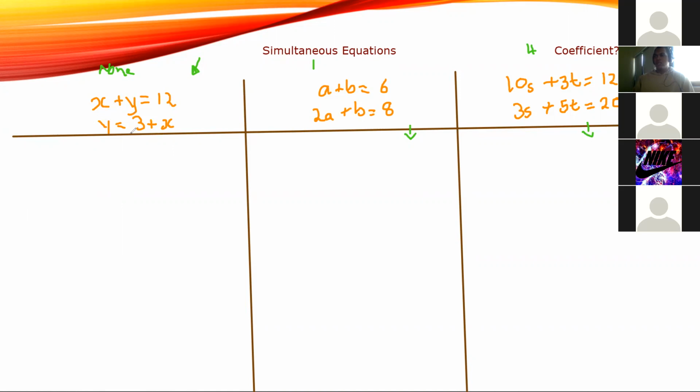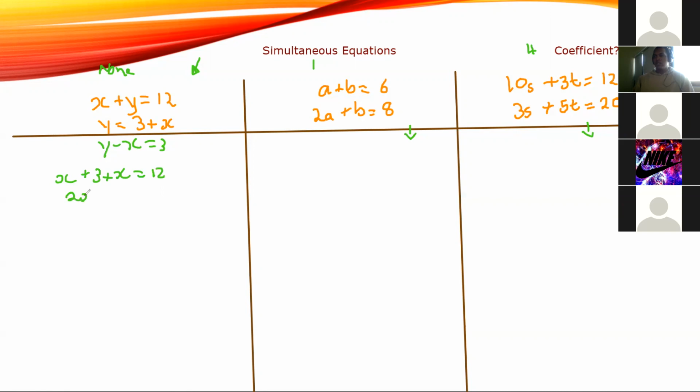So we have x plus y equals 12, and I know x and y must be different answers. And the other one will be y minus x equals 3. Okay, that is what I need to know. If this minus this, it's very easy to eliminate, but I don't want to eliminate. Let me just do the correct process. So the other one is x plus 3 plus x equals 12.